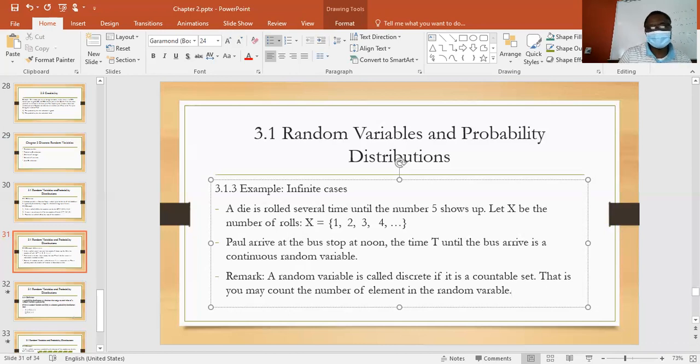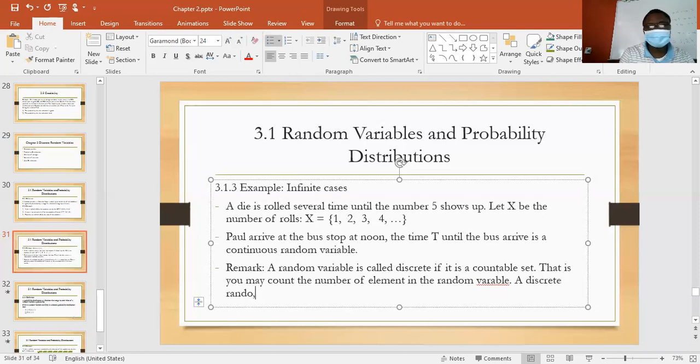A discrete random variable is finite if it is a finite set. We cannot say otherwise it is continuous. That's what I say in statistics class.